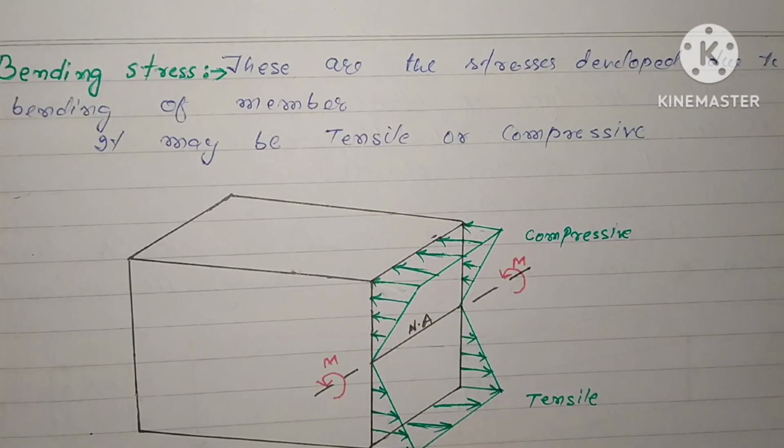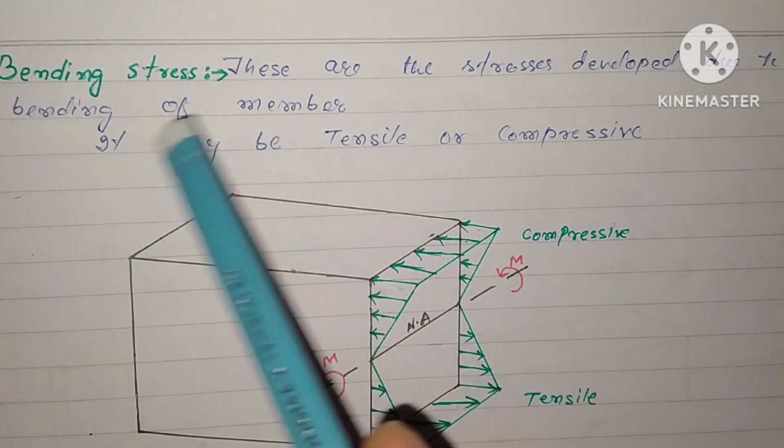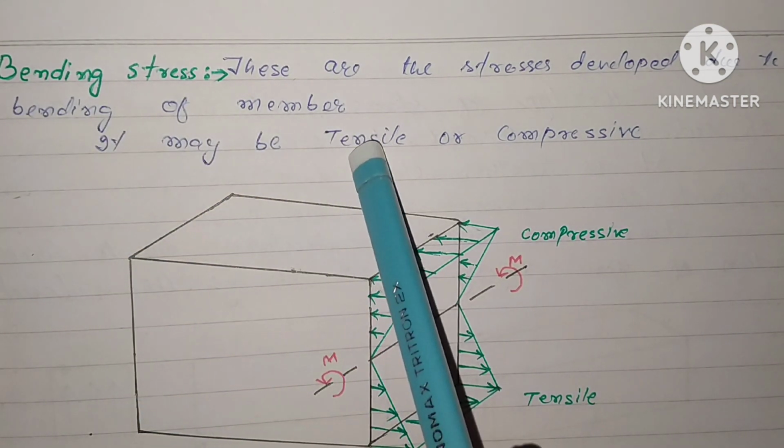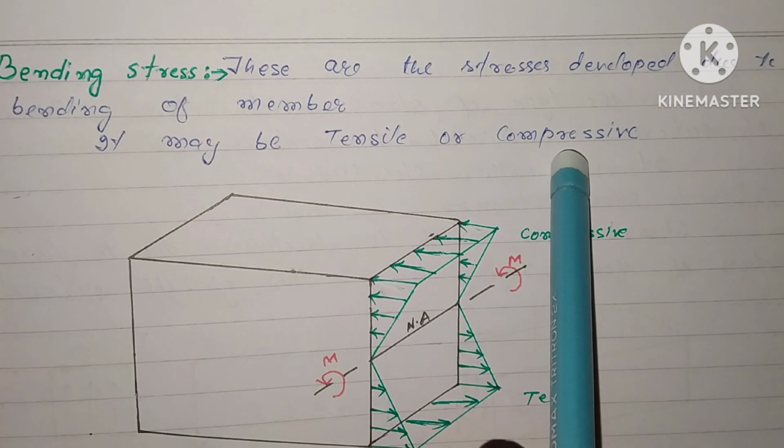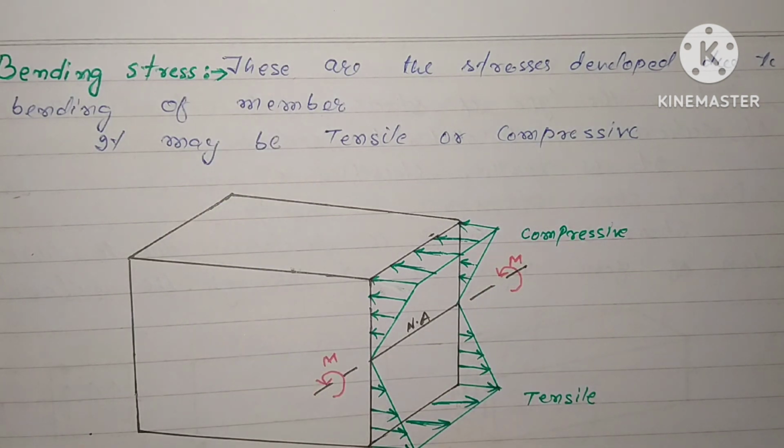Bending stresses are the stresses developed due to the bending of the member, and they may be tensile or compressive. The important thing to note is that bending stresses are not uniform, unlike the axial normal stresses.